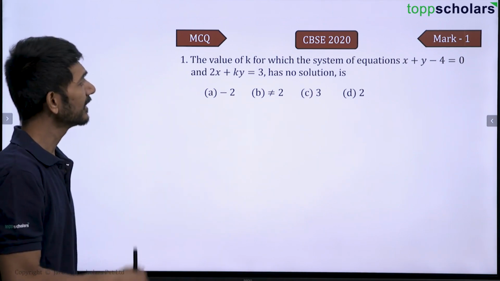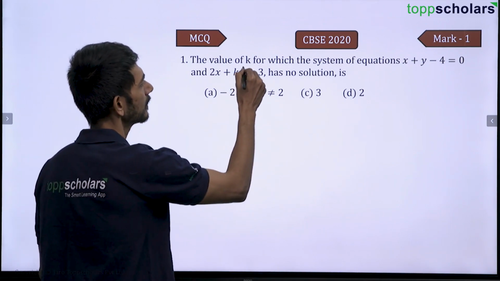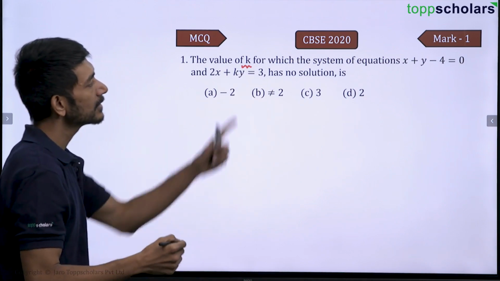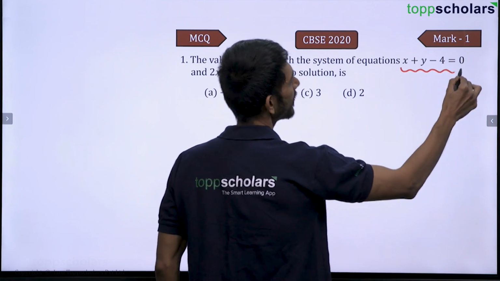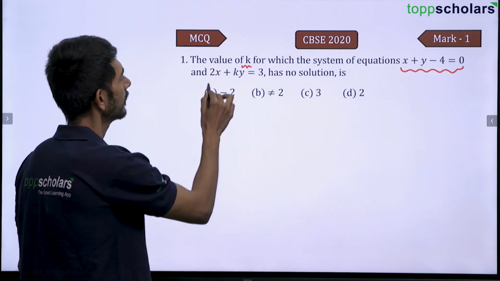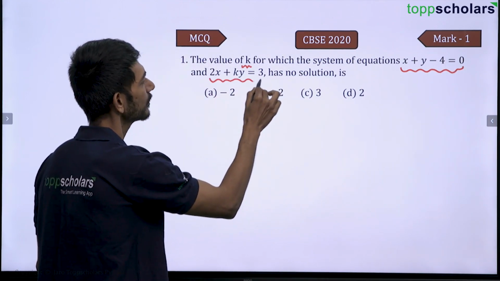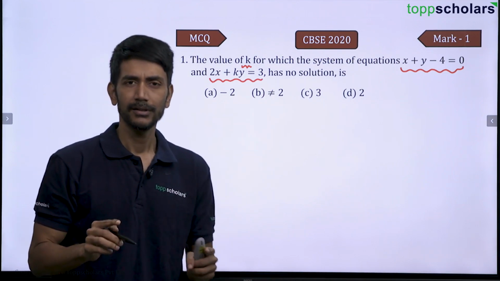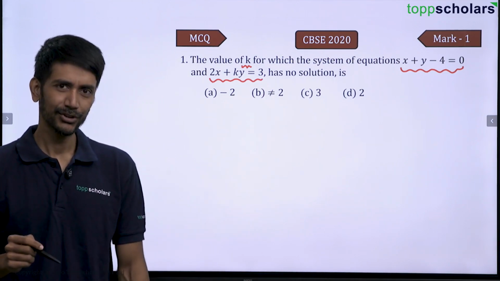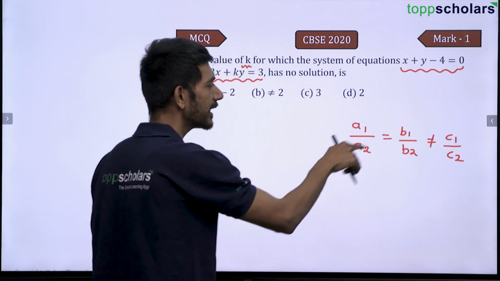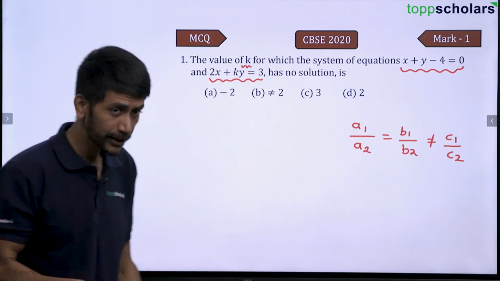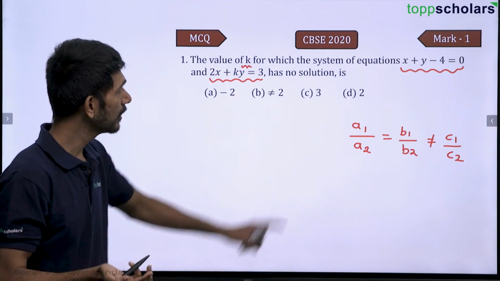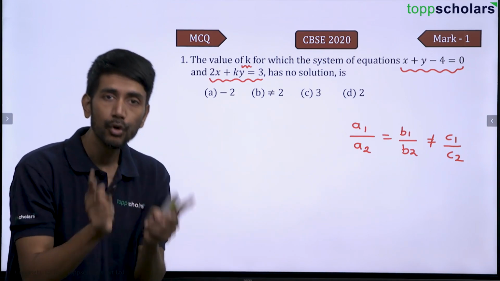The question says the value of k for which the system of equations x plus y minus 4 is equal to 0 and 2x plus ky is equal to 3 has no solution. What is the condition for no solution? If you remember, the condition is a1 by a2 is equal to b1 by b2 is not equal to c1 by c2. This is the condition for no solution.